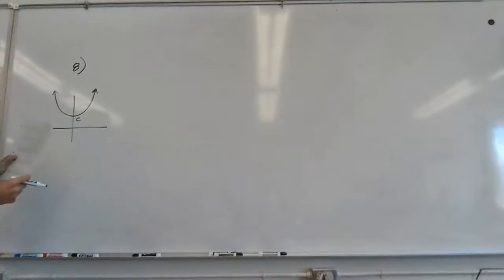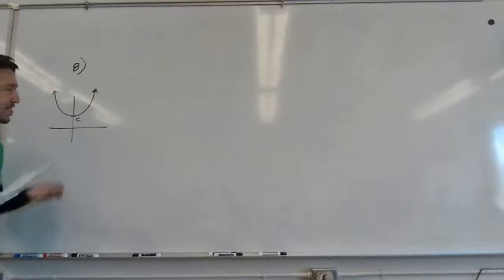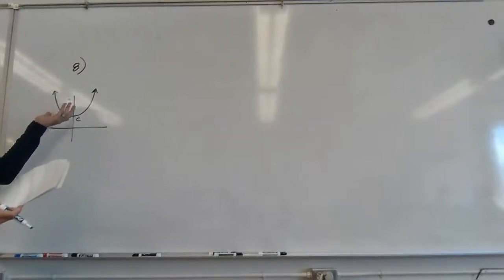So just before we get into this, does anyone have a thought? I don't want to give it away necessarily, but one of these letters is not going to be relevant in the calculation of average rate of change. Which letter is it? C. Because you can shift this thing up or down.